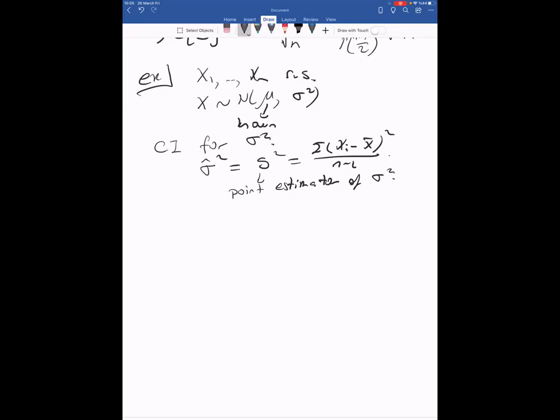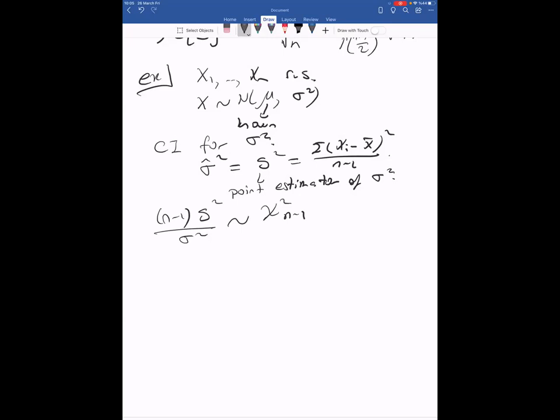So we know S squared is the point estimator, and using this we can find that the distribution is chi-square with n minus 1 degrees of freedom.